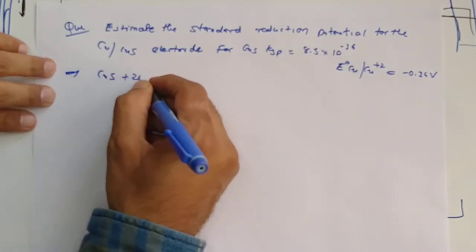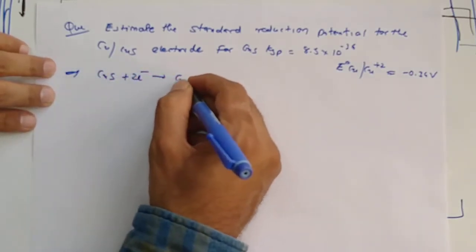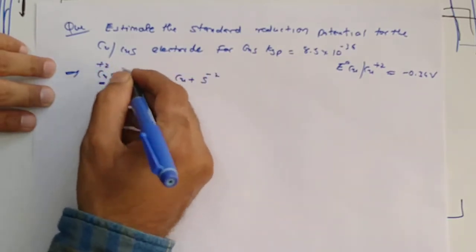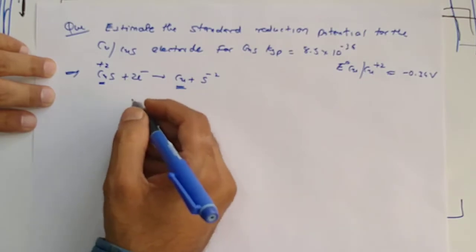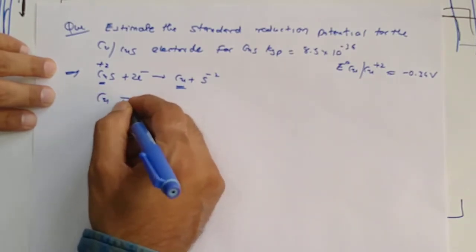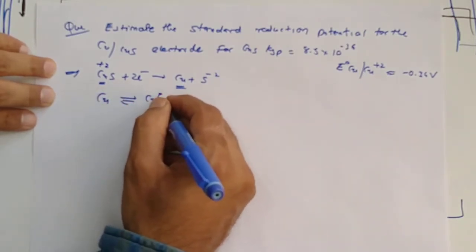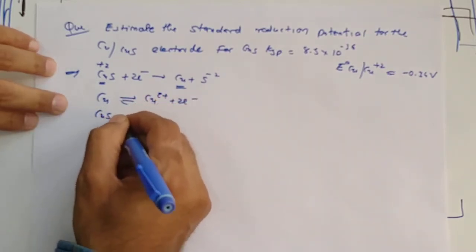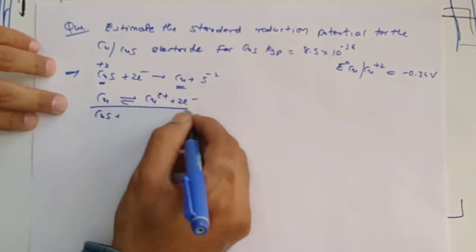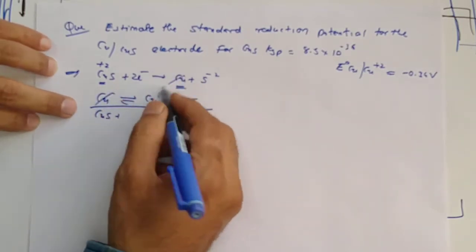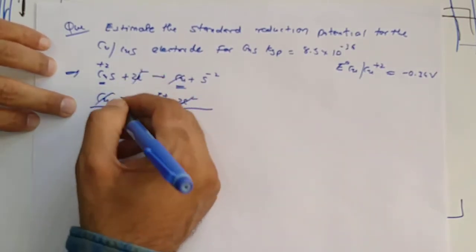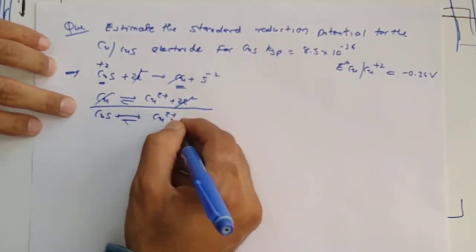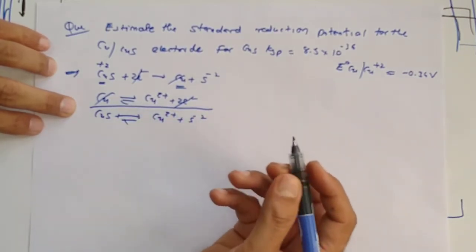CuS gains 2 electrons and converts into Cu plus sulfide. Cu2 plus gains 2 electrons and converts into solid. So here Cu gives Cu2 plus and 2 electrons, and CuS gains. On adding both, Cu cancels, electron cancels. So CuS gives Cu2 plus and S2 minus.